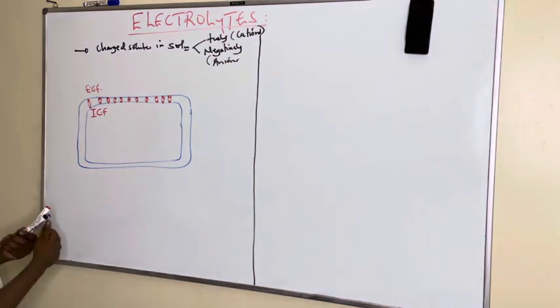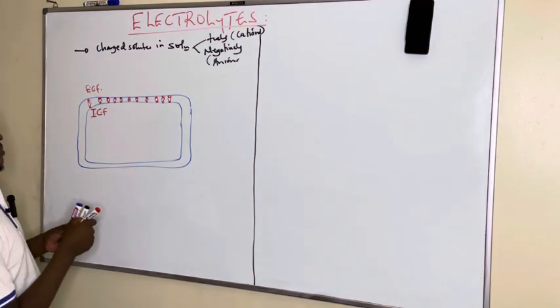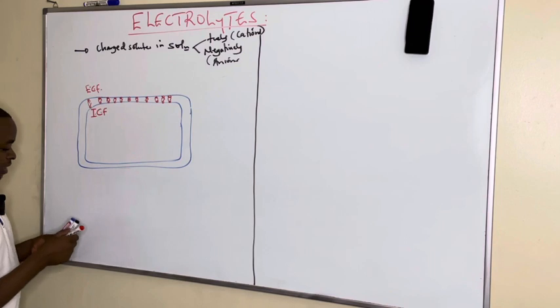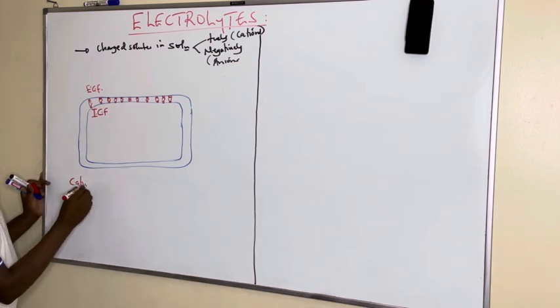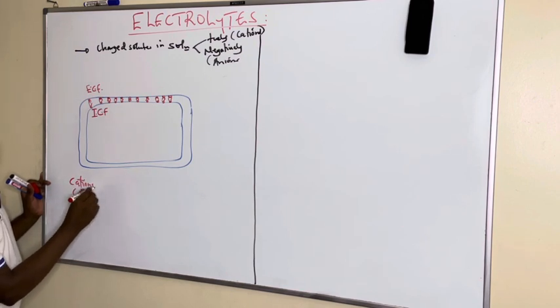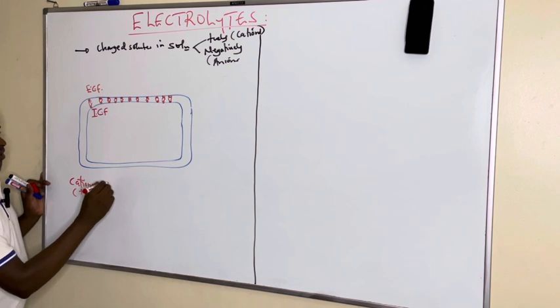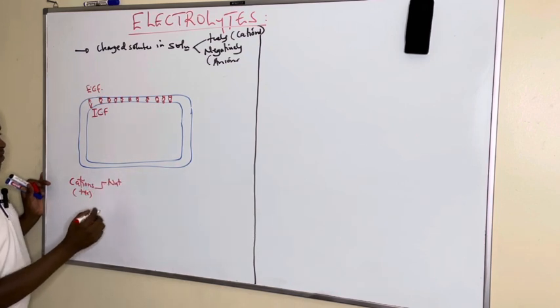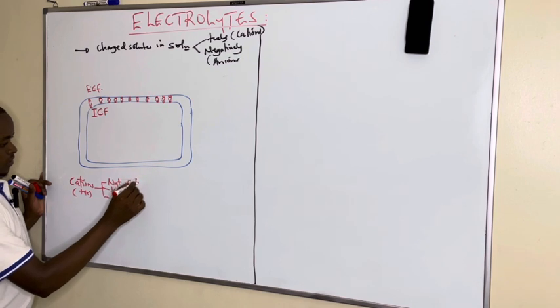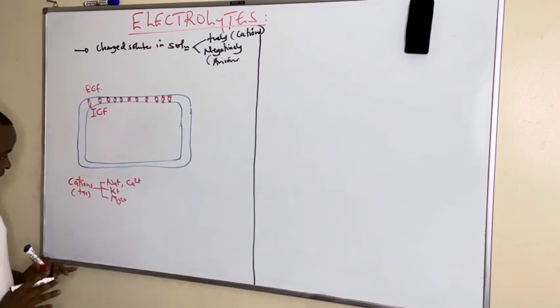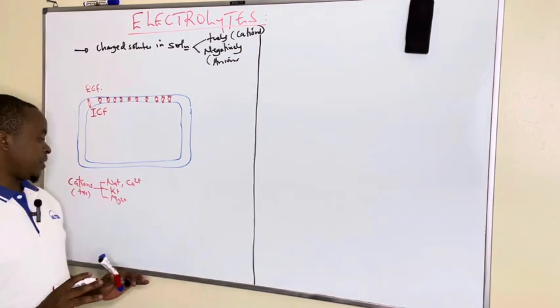We shall see different examples of cations, the positively charged ones. The major one is sodium, and they include potassium, magnesium, and calcium. These are the major cations we see under clinical chemistry.